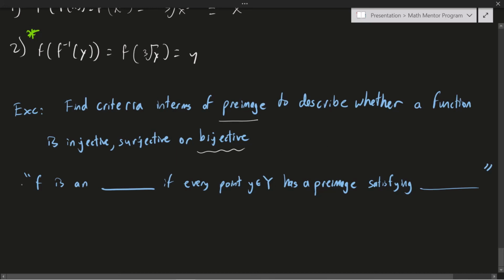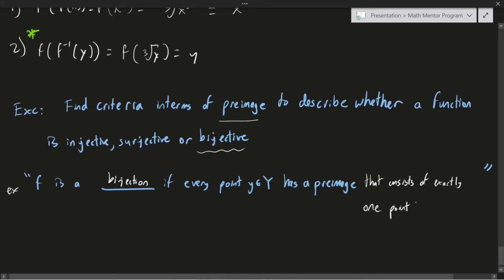So in our example, f is a bijection if every point has a preimage that consists of exactly 1 point, no more, no less.